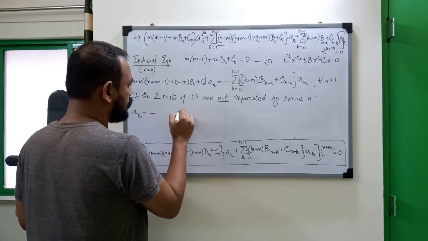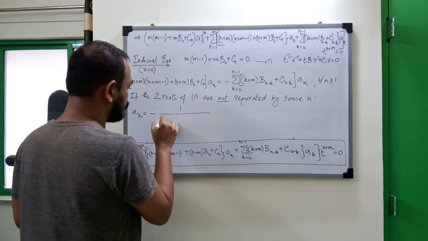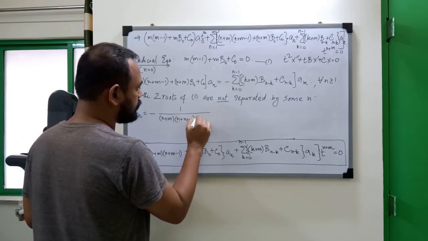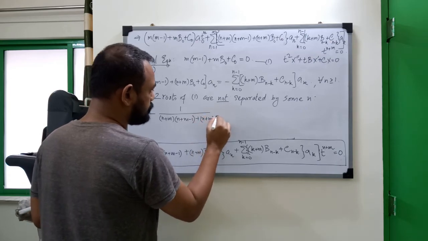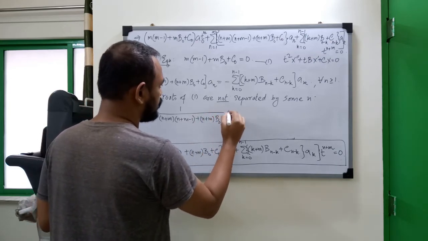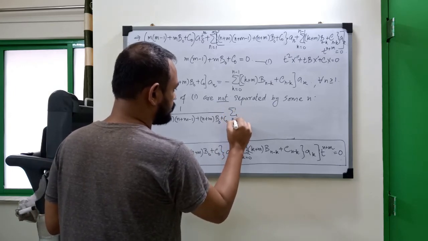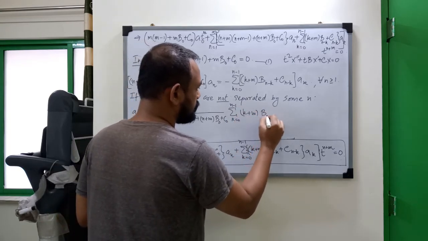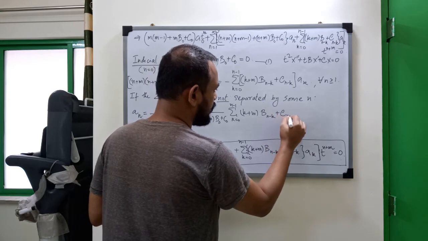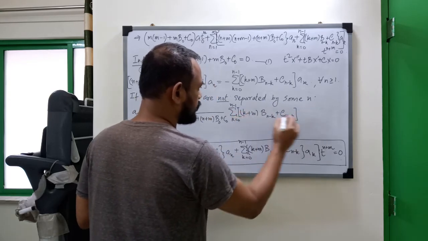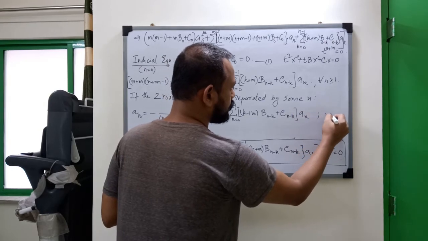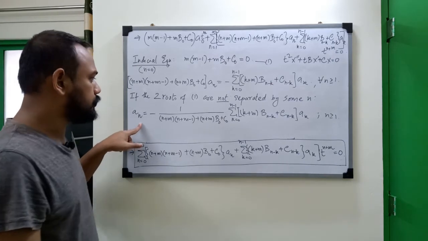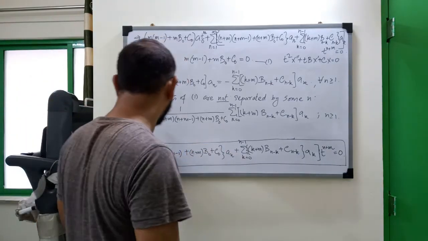You will have minus 1 by this entire quantity, which is (n plus m) times (n plus m minus 1) plus (n plus m) b_0 plus c_0, and you have this summation k from 0 to n minus 1 of (k plus m) b_{n minus k} plus c_{n minus k}. The whole thing will have a_k common. This is true for all n greater than or equal to 1.